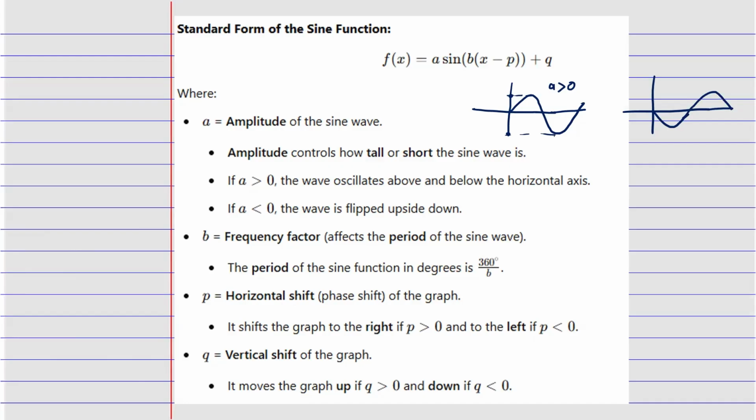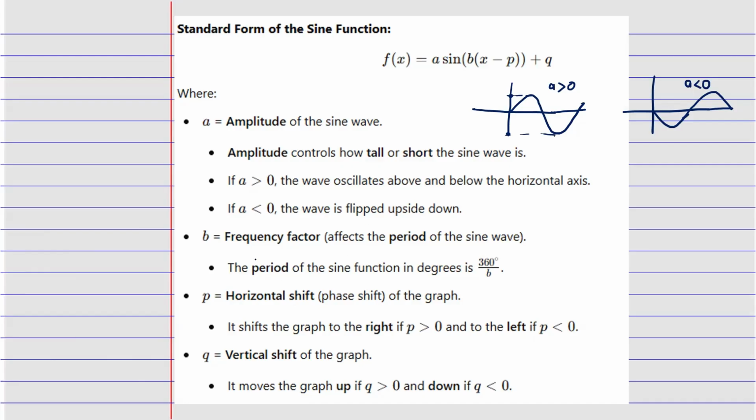Yes, ma'am. Okay, so that's what A does. It gives us the amplitude, and when it's positive, the maximum is the normal mother graph. But when it's negative, they interchange. Your maximum becomes your minimum, and your minimum becomes your maximum. Hope that makes sense.